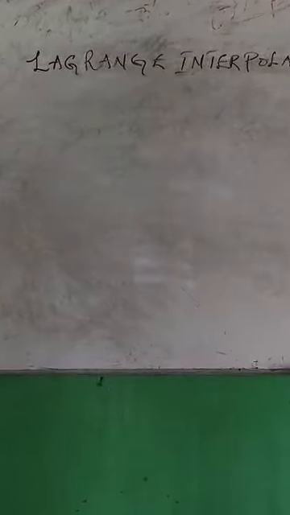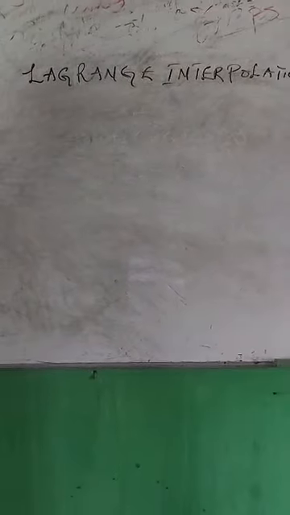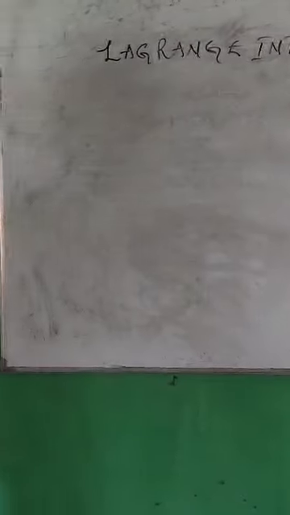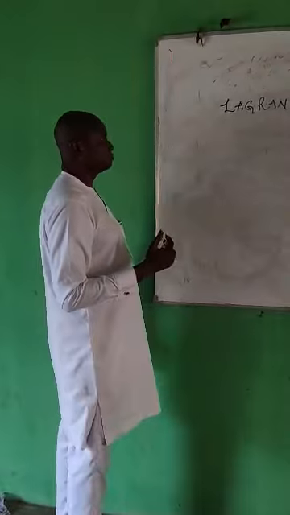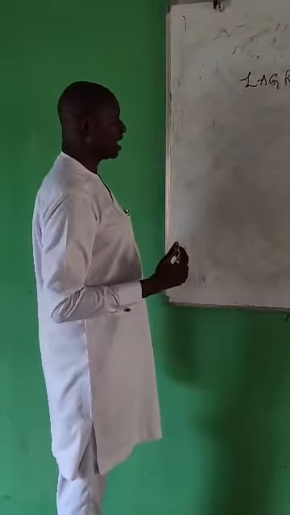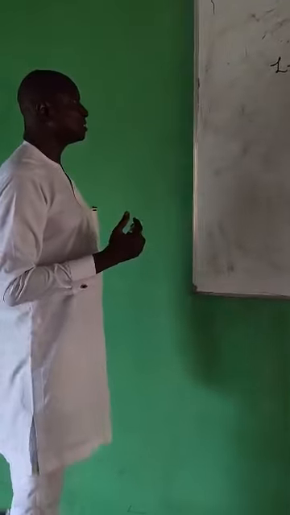The Lagrange interpolation is basically the linear, the quadratic, the cubic, but generally we'll consider the quadratic interpolating polynomial of the Lagrange form as one of the most useful aspects of Lagrange interpolating polynomial.